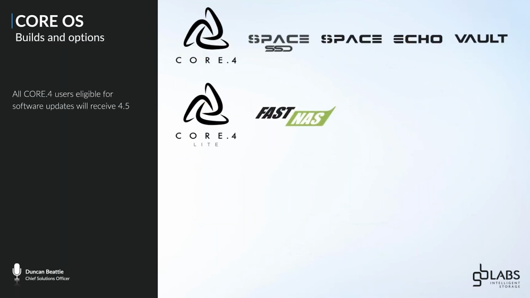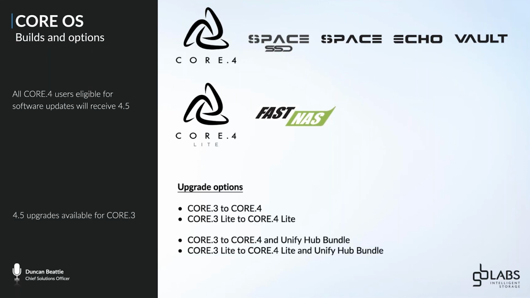And finally, builds and options. So 4.5, you get with the Core 4 family, with 4.5 available on Space SSD, Echo, and Volt, and with a light version available on FastNAS, of course. And how do you get it? If you're already a Core 4 user, you will be eligible with your software updates.